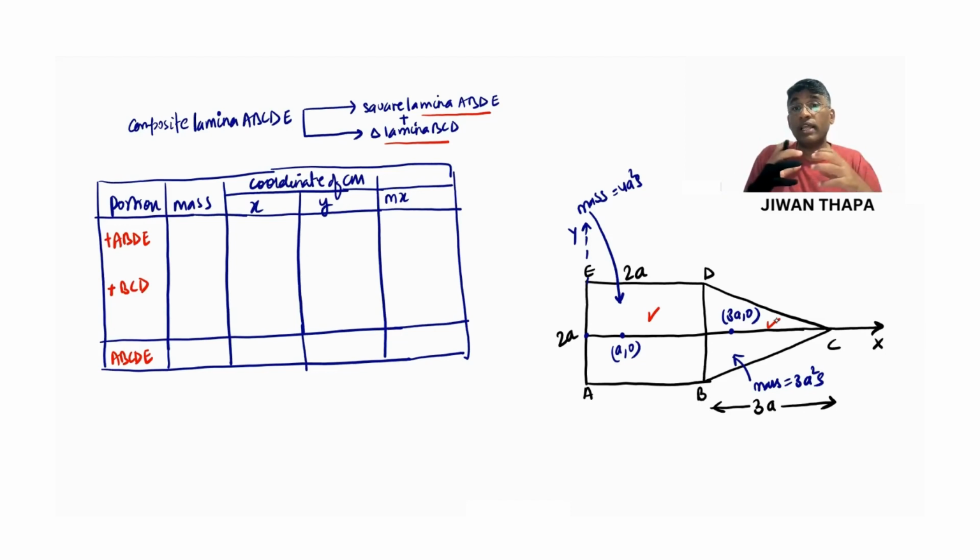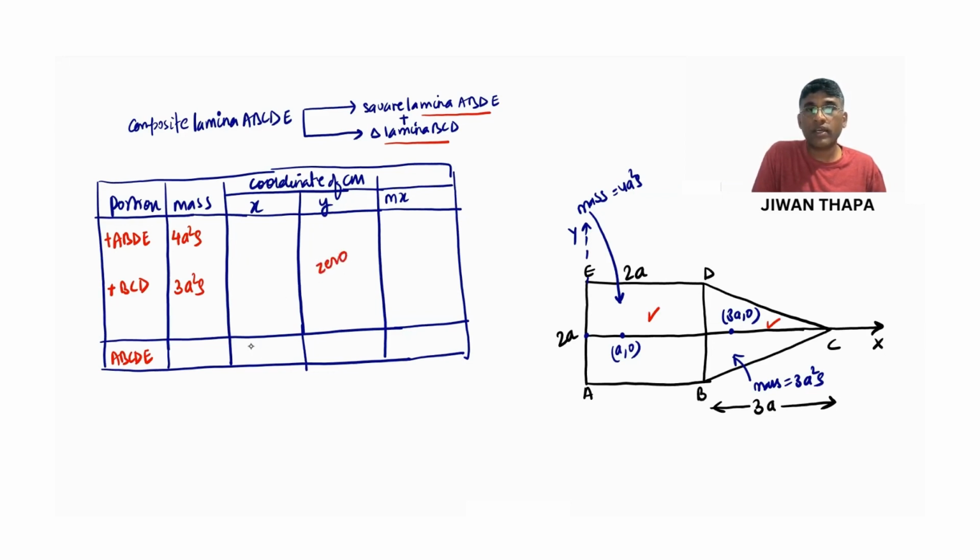So we have this. The mass of this portion is 4a square rho, and the mass of this portion is 3a square rho. Clear? And we know the y coordinate of center of mass is 0.